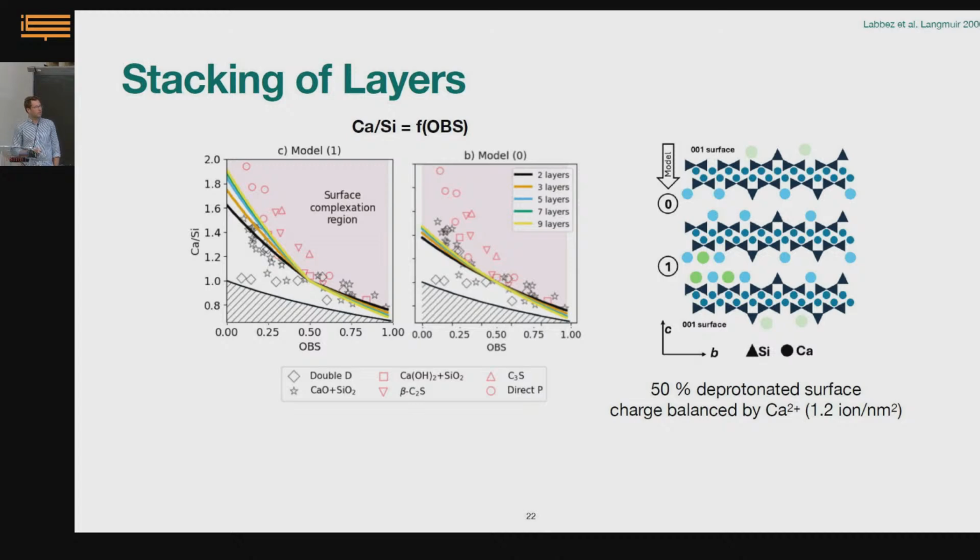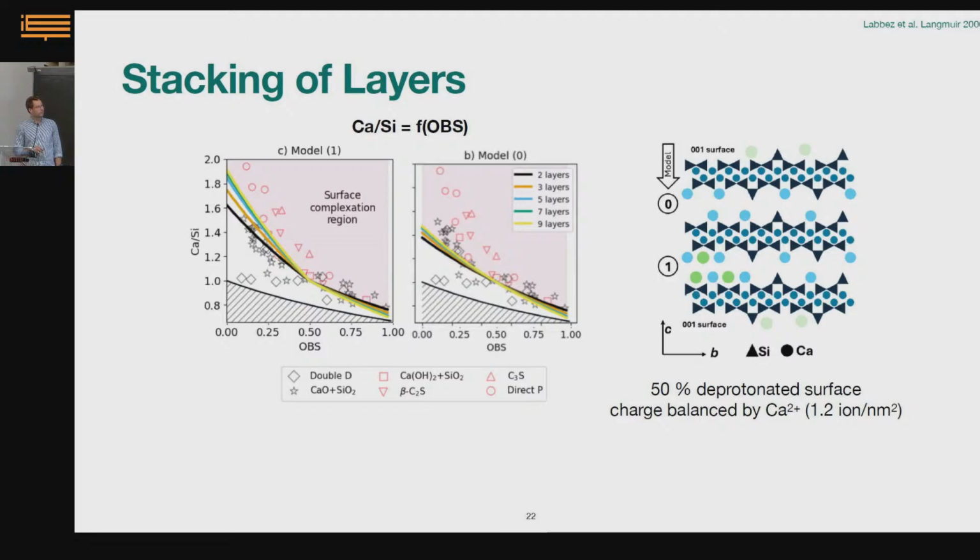So that means that if you're on the line, the CSH data point matches what I'm predicting the interlayer structure is. If it's above the line, that means we need to incorporate more calcium, either in the interlayer or on the surface. But if it's under the line, then it's not a stacked nanofoil, okay?